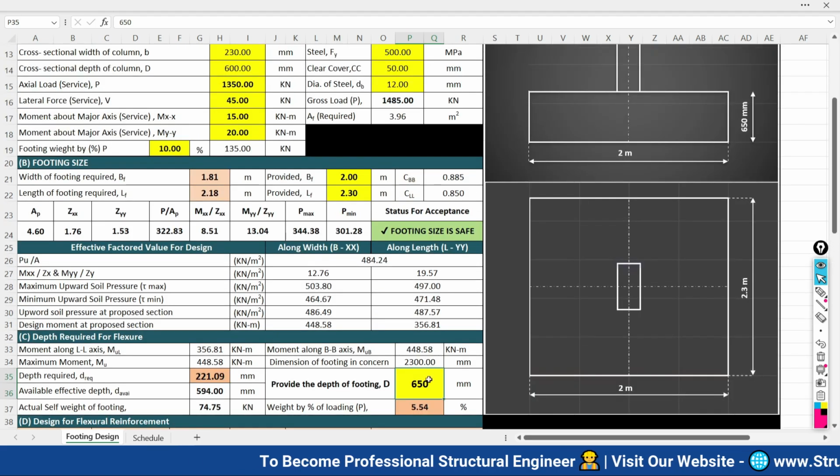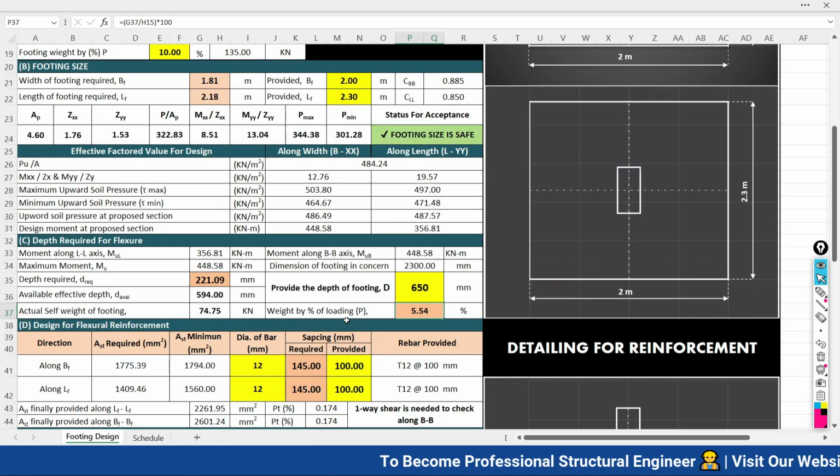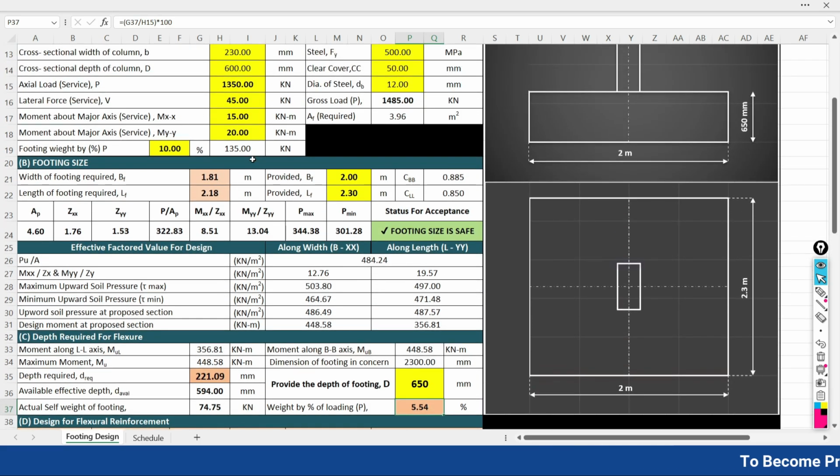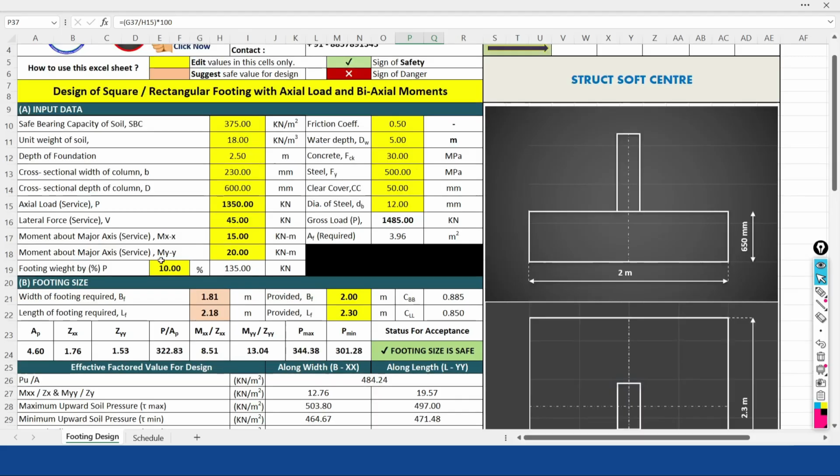And guys, an important thing to remember here: the actual weight of the foundation is 5.54. When we were initiating the solution for this problem, we adopted the self weight of the footing as 10%, because at that time we don't have the length, width and depth of the footing.